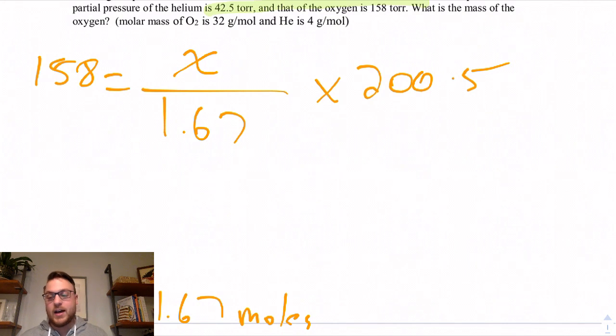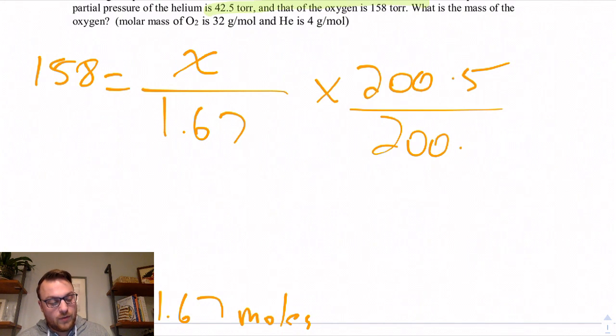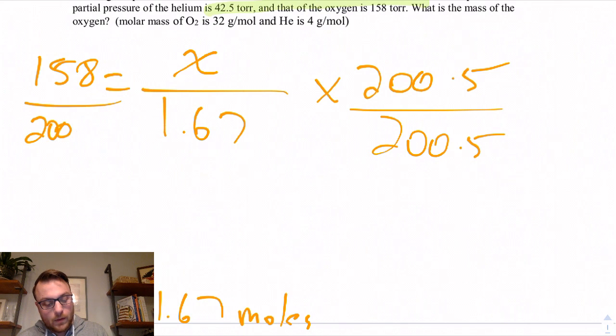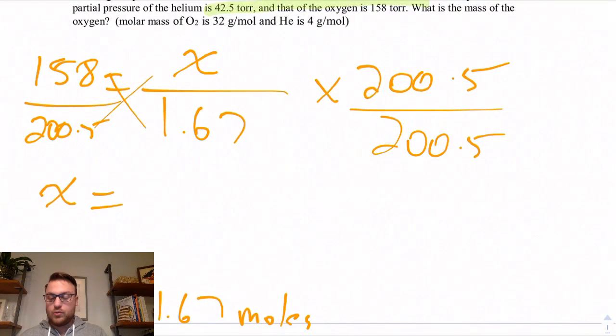And if you want from here, even before you do the 158 divided by 200.5, you can leave it like that and then just straight cross-multiply and divide from there. Doesn't really matter. Either way, when you perform this cross-multiplication and division, you should get an x equal to, let me see here, 158 divided by 200.5 is 0.788, times that by 1.67 and 0.32 moles.